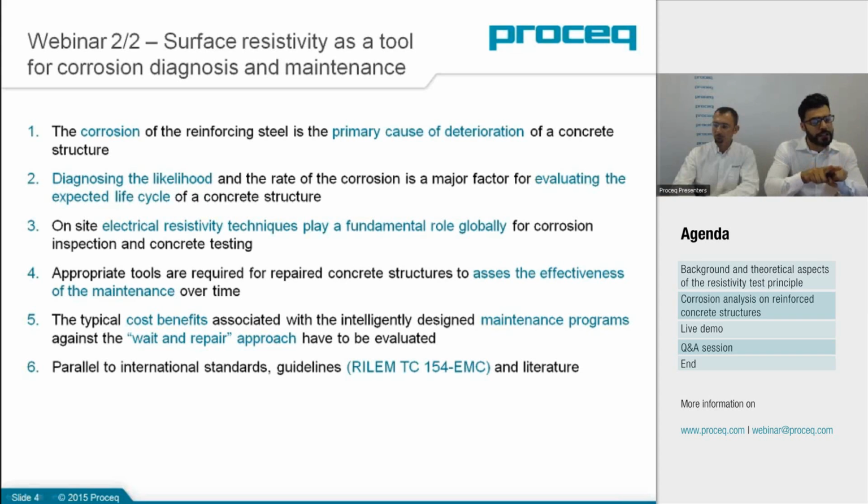And all of this, as long as you stay in line with international standards and guidelines, for example RILEM, and the available literature, you should get your expected results and the evaluation that you really need.